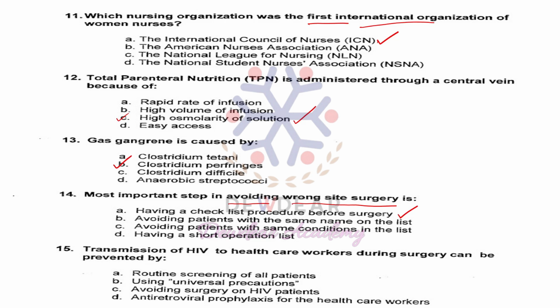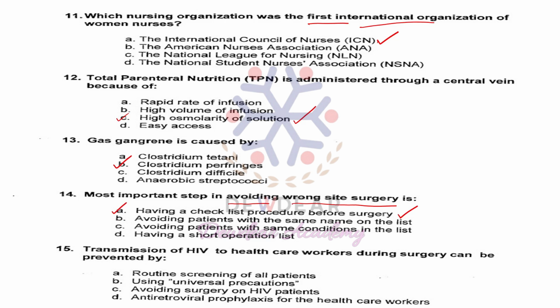It is not that by avoiding patients with the same name on the list, or avoiding patients with the same conditions in the list, or keeping a short operation list. These are not the steps, but it can be done correctly. In order to avoid the wrong site injury, we have to keep a checklist procedure before surgery. So option A is the correct answer.